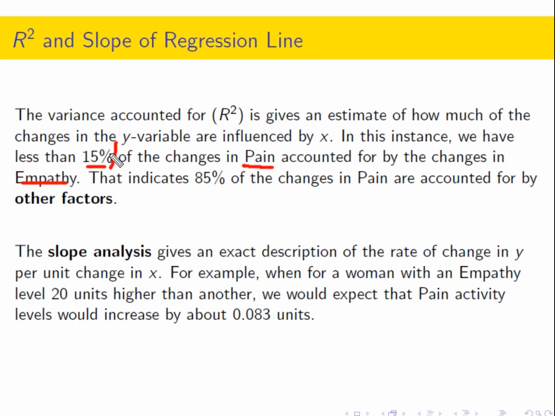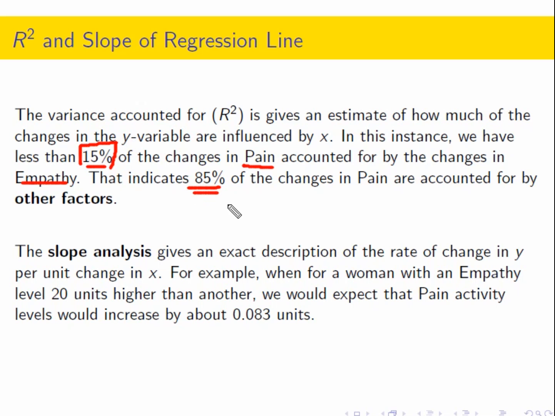So we probably have a significant amount of correlation. We're accounting for a significant portion, but remember there's still 85% of those changes in that pain activity that are accounted for by other things. So yes, we're doing okay. We're getting some association between the variables, but just remember there's a lot of other things going on too.